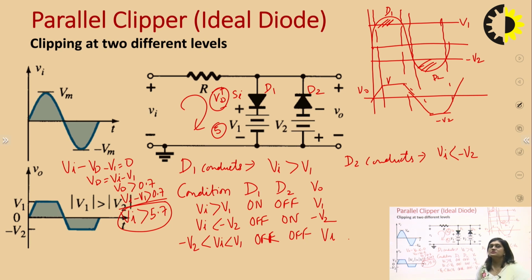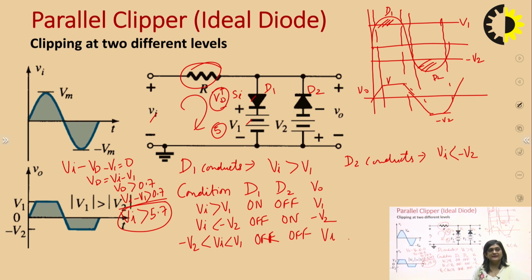Checking whether the P plate potential is greater than the N plate potential is done when the diode is an ideal diode. But if a silicon or germanium diode, meaning a practical diode, is given, then we have to find the state of the diode from the voltage across the diode, Vd, in terms of Vi. When we determine Vd, we take only the supply voltages, Vi and V1. The voltage across the resistance is assumed to be 0 because the diode is not in the conducting state, so current will not flow and the drop across R will be 0.